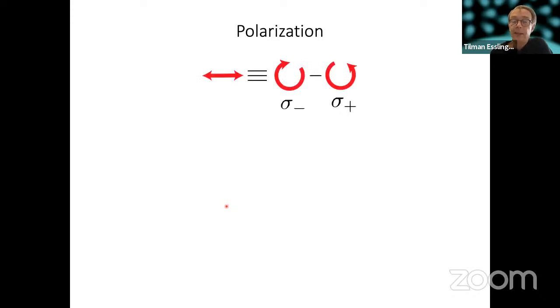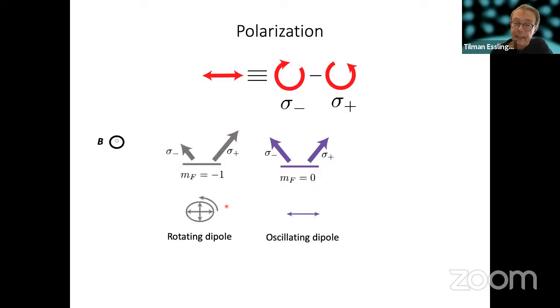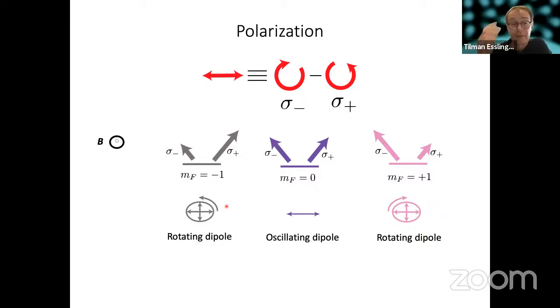You can, of course, look at your linearly polarized light as a superposition of sigma plus and sigma minus light. Let's assume we apply a magnetic field along the light propagation direction, and we look at all three different magnetic sublevels of the F=1 manifold at a fixed finite magnetic field.